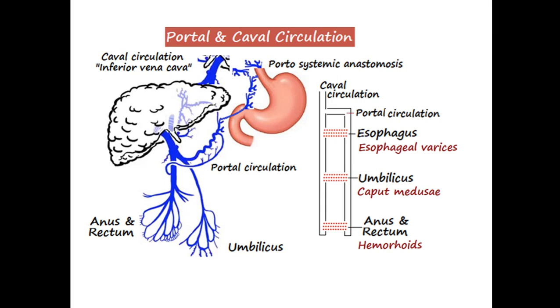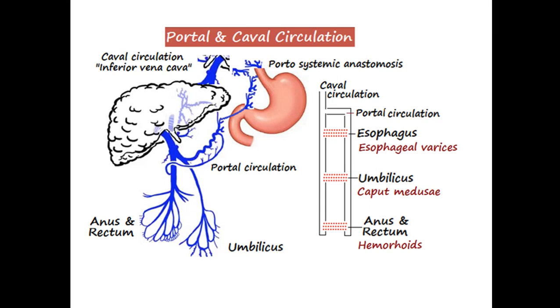The first is the distal portion of the esophagus. From here, most of the blood is drained through the veins directly into the superior and inferior vena cava. But the vein known as the left gastric vein drains its blood into the portal circulation.